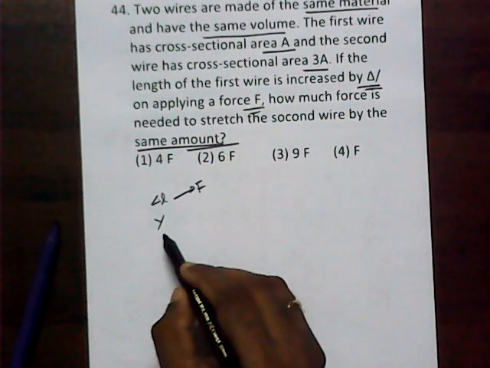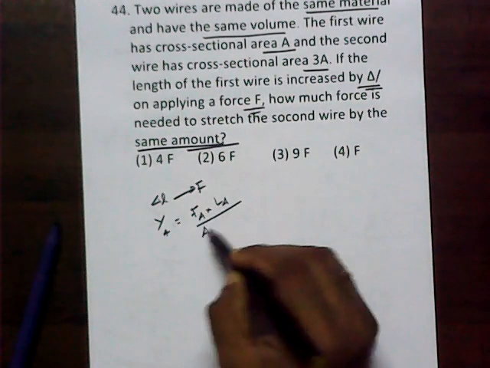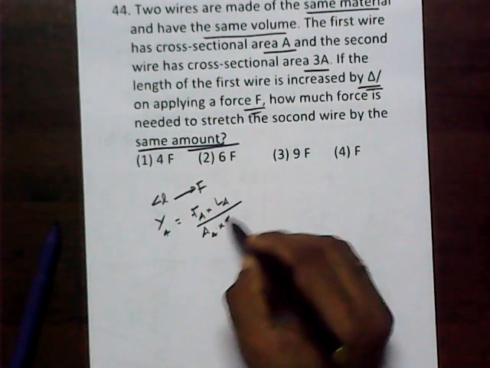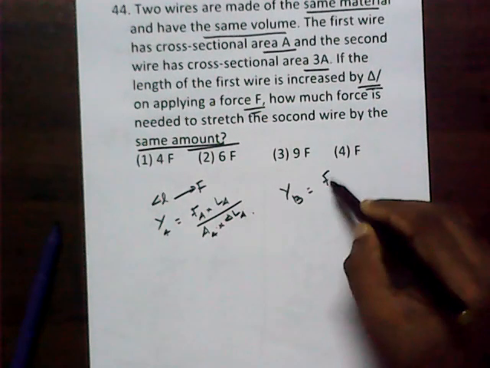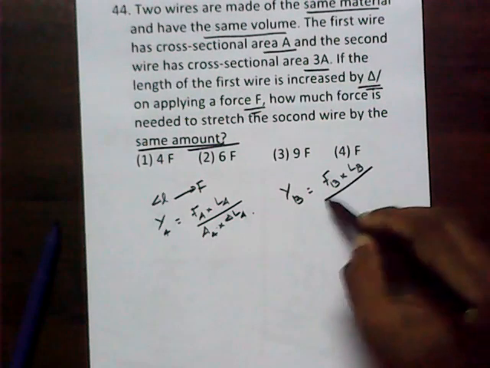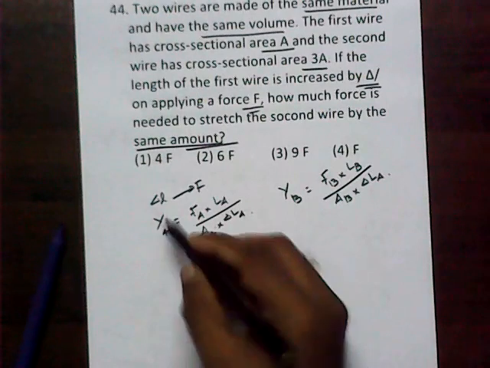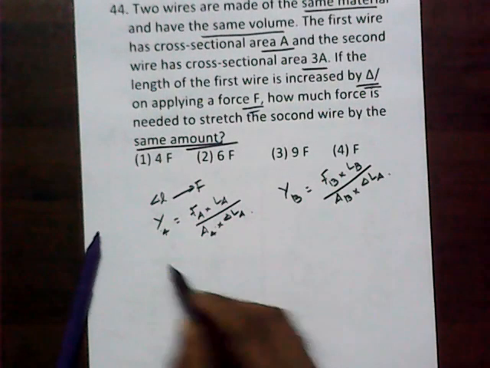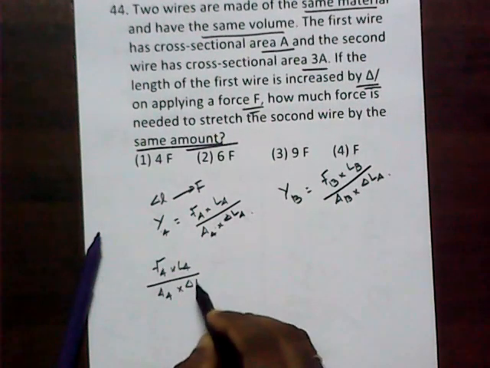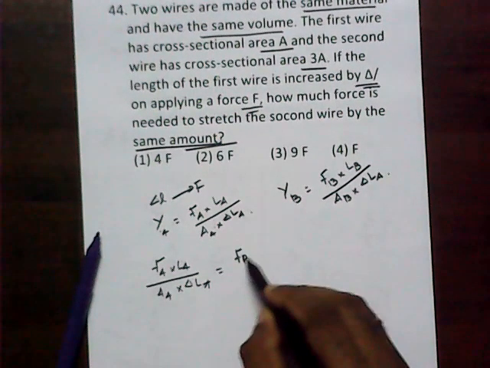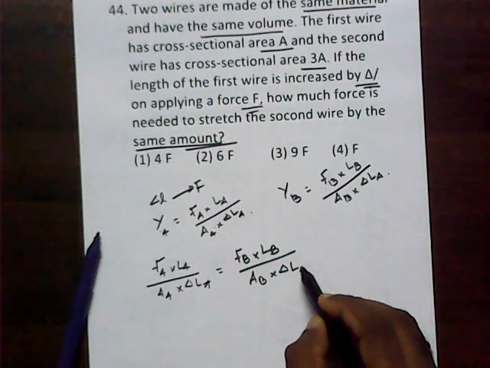So we can write Y A as F A into L A by A A into delta L A. For the second case, Y B takes the value F B into L B by A B into delta L B. The very important concept here is Y A and Y B are the same, and hence we can write F A into L A by A A into delta L A equal to F B into L B by A B into delta L B.